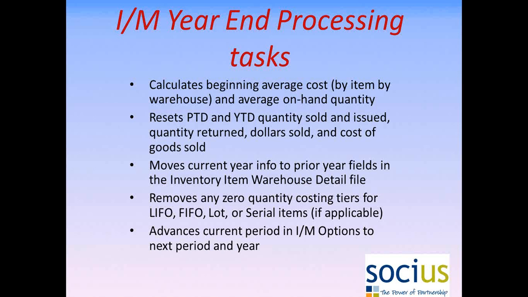It also resets the period-to-date and year-to-date quantities, and it moves current year information to the prior year field in the inventory item warehouse detail file. It removes any zero quantity costing tiers if you're using a LIFO, FIFO, lot, or serial item valuation. And then, of course, it advances the current period and year in the options.